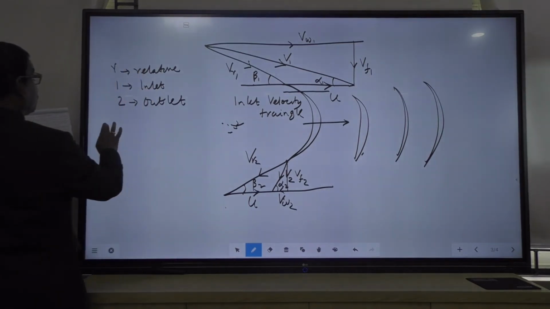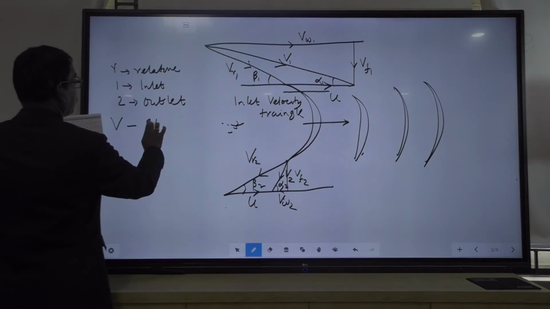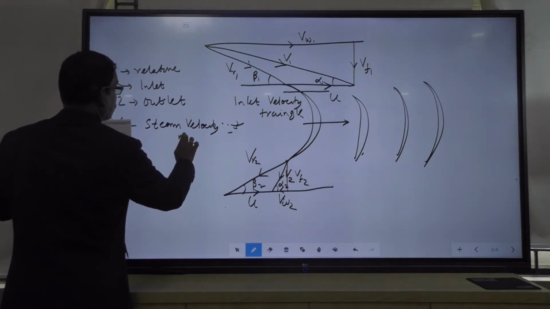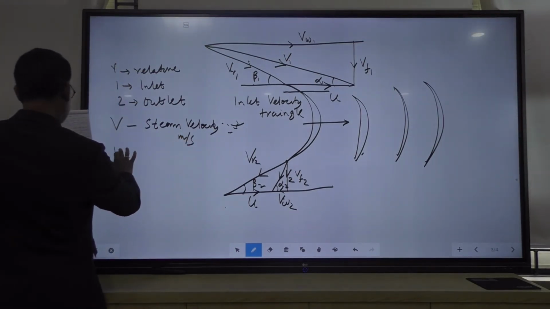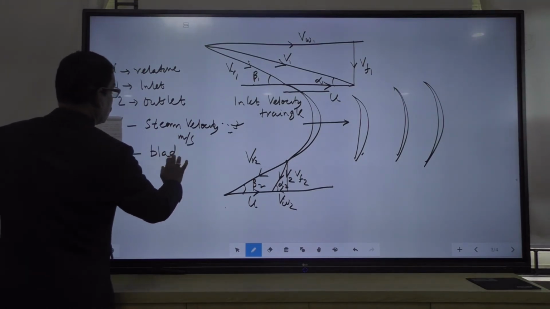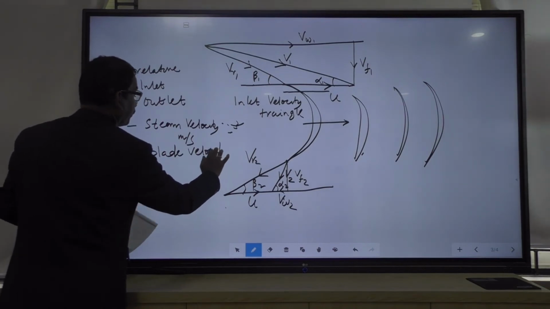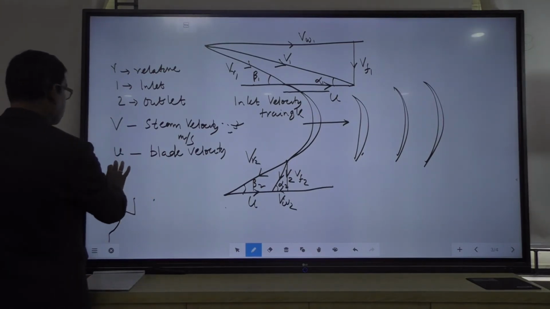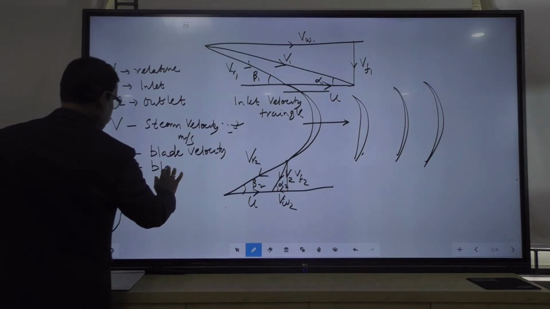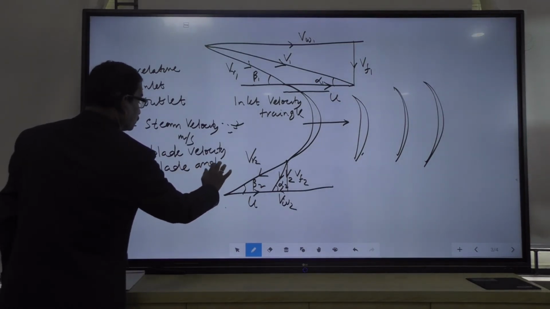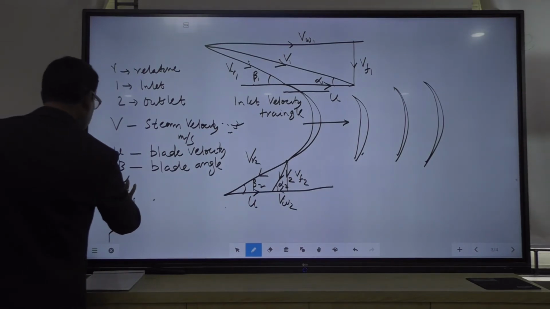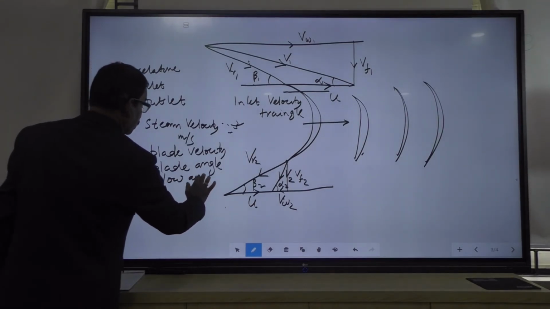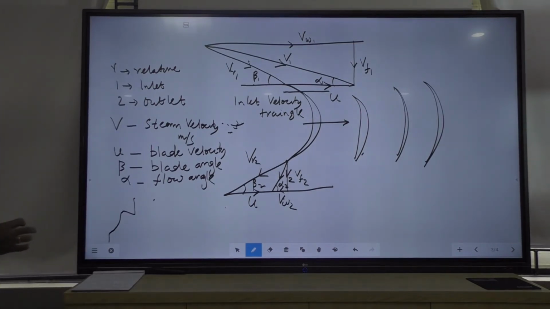So, you remember again I am writing the values. V is the steam velocity in meter per second, U is the blade velocity, and beta is the blade angle, and alpha is the flow angle, steam flow angle or nozzle angle or angle of the fixed blade.